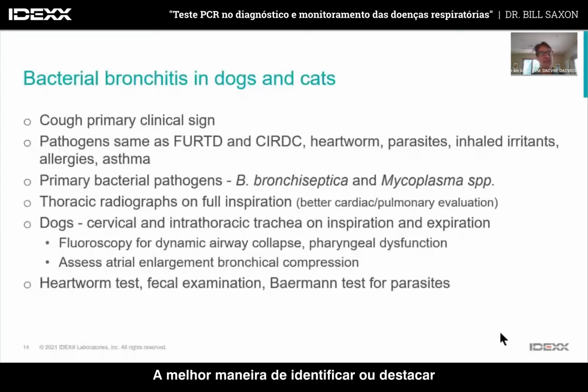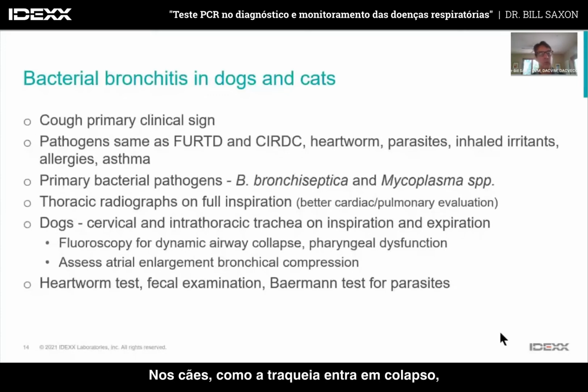The best way to highlight the soft tissue structures, the cardiac silhouette, pulmonary vasculature, bronchi, etc., is on full inspiration. Not that critical, but if you can time that, that's great, because that's more volume of air to contrast against the soft tissue and vascular structures.